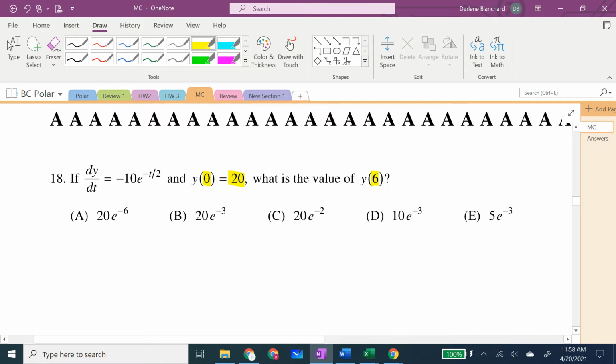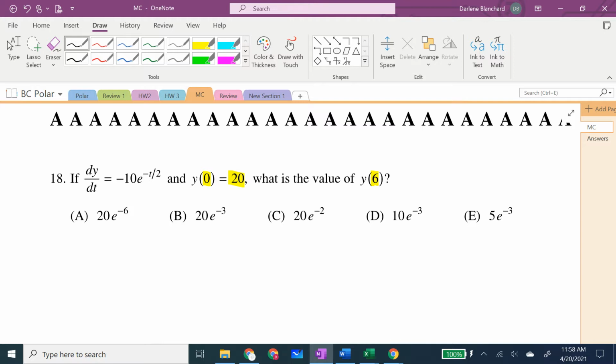They aren't telling us who the input variable is. The only thing we're seeing is t. So if they aren't telling you who the input variable is, make it t, because that's going to be easier to work with.